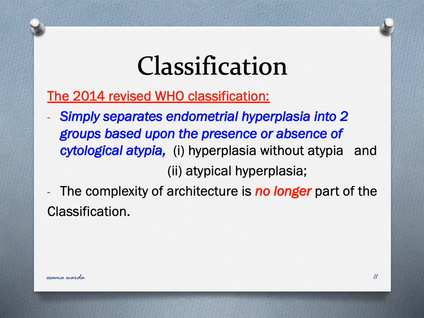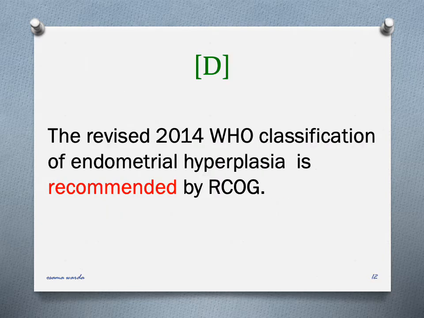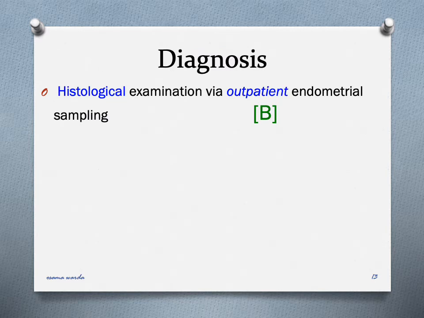The complexity of architecture is no longer part of the classification. Complex hyperplasia is eliminated from the classification because it has a minimal clinical impact on the progress of the disease. The revised 2014 WHO classification of endometrial hyperplasia is recommended by the Royal College of Obstetricians and Gynecologists, and it is nowadays the most accepted type of classification.